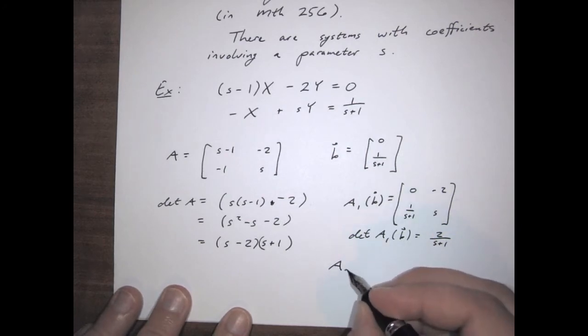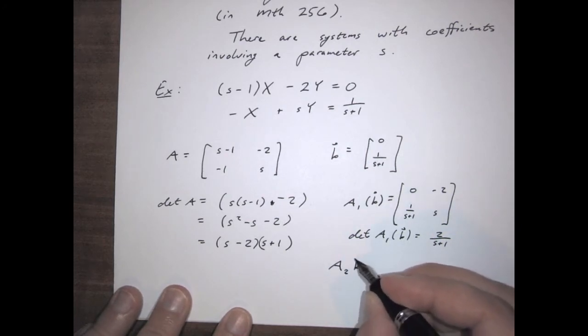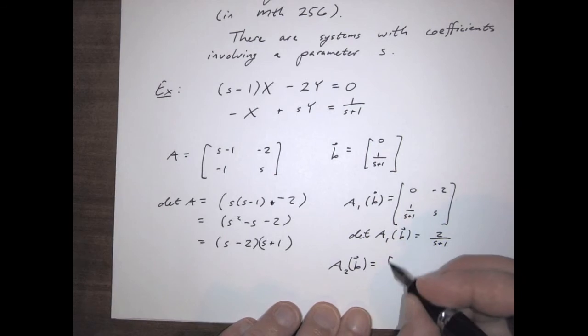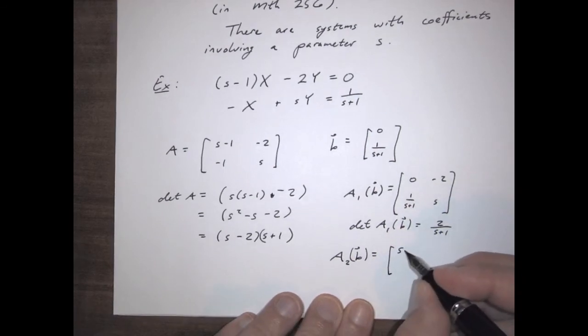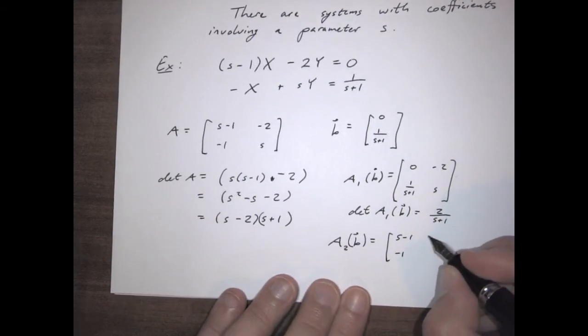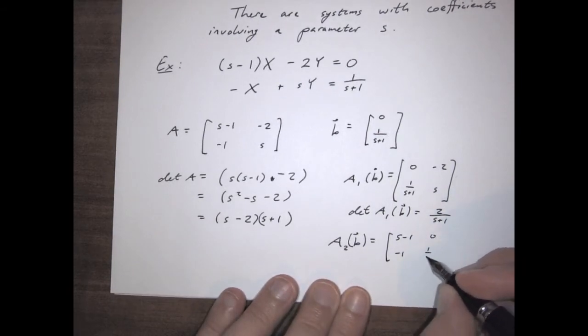And also A2 of B is going to be s minus 1, negative 1, and then over here we're going to have 0 and a 1 over s plus 1.